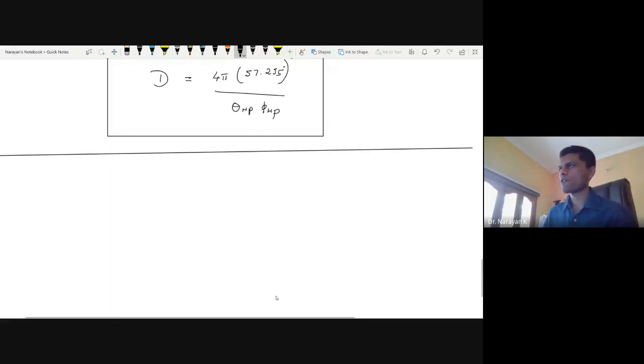Next concept we'll be understanding is known as antenna beam efficiency.